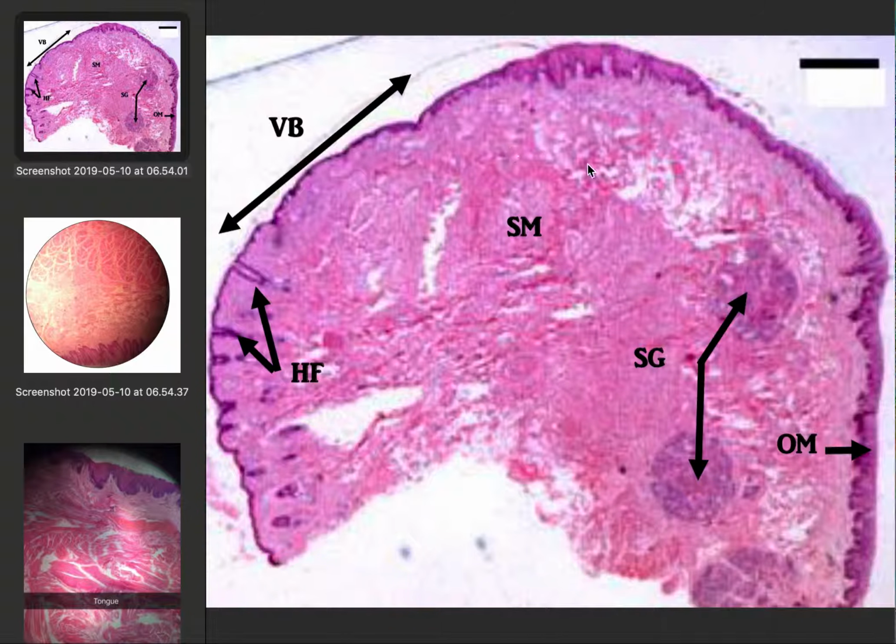Here the SM is, I think, a gland. Well, these SG are for your glands, and your OM is for your oral mucosa.